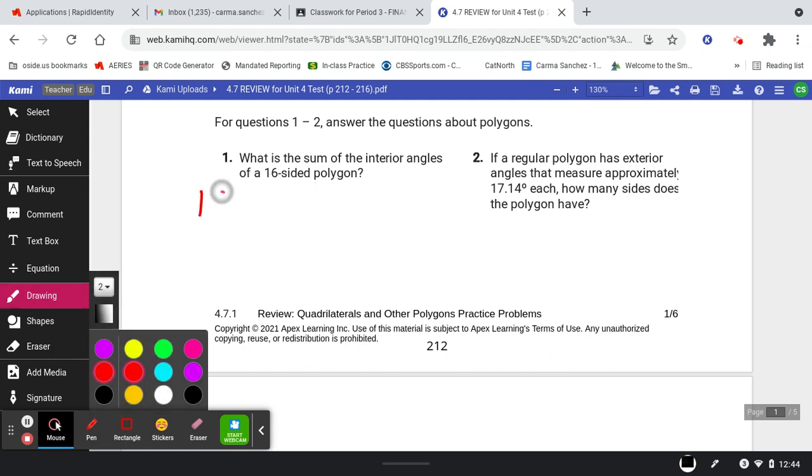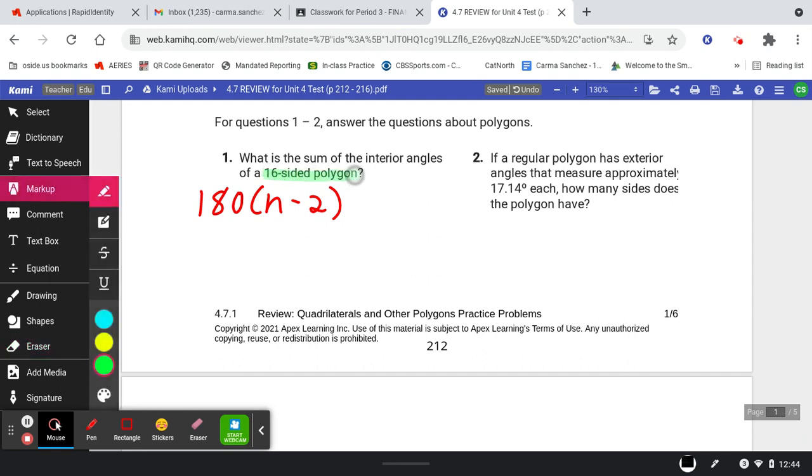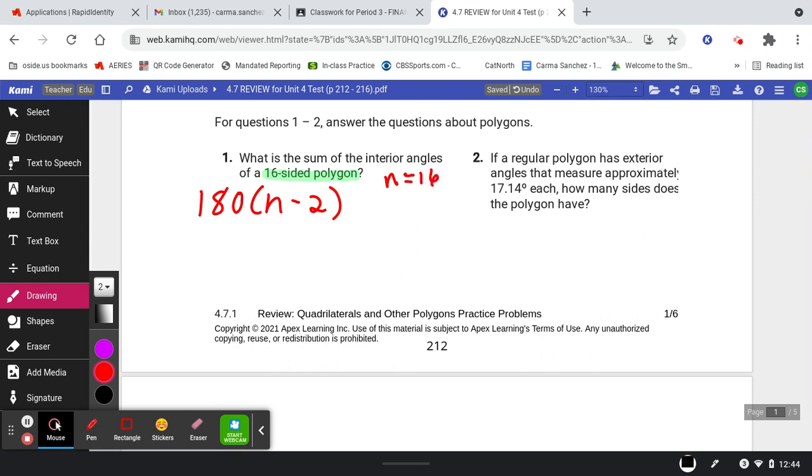We're going to be using the formula of 180 times n minus 2. Now, where did this come from? Remember that triangles have 180 degrees inside, and all of our polygons can be divided into the number of triangles, and that's going to be based on the number of sides minus 2. So if it's a 16-sided polygon, or if n is equal to 16, we're going to be plugging in 16 to subtract 2.